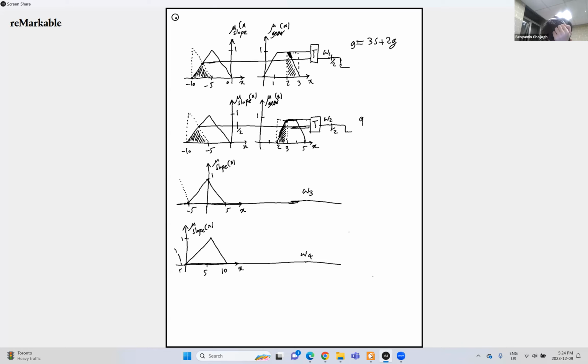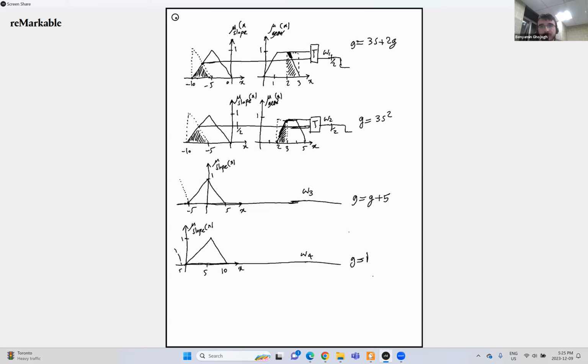Or here for this, I can say 3 gas squared only. Anyways, I can define these to be, usually we use polynomial functions. Here I can use gear plus 5. Here I can use gear equals 1.